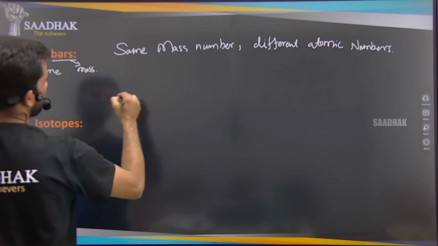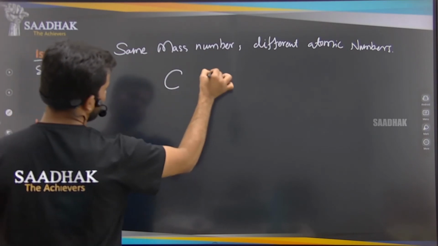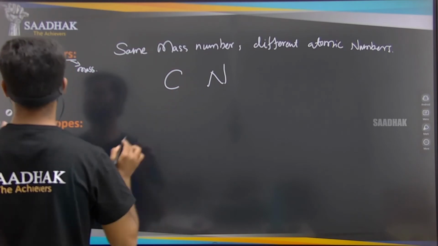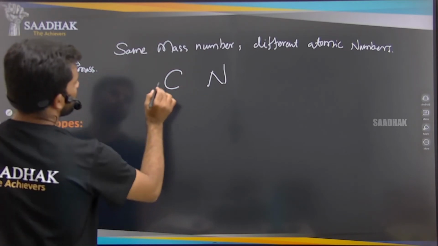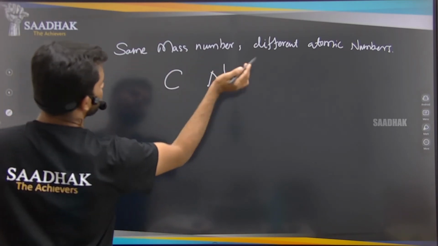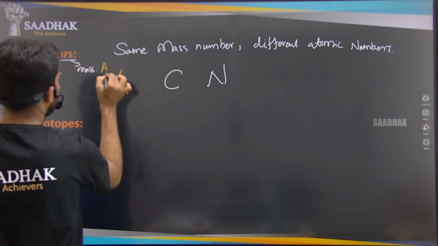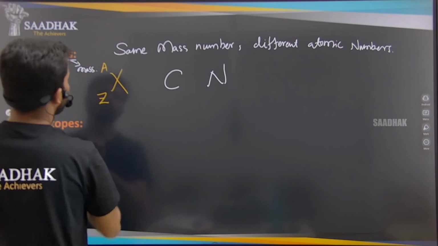For example, I will take carbon and nitrogen. Here, this is the mass number, this is the atomic number.